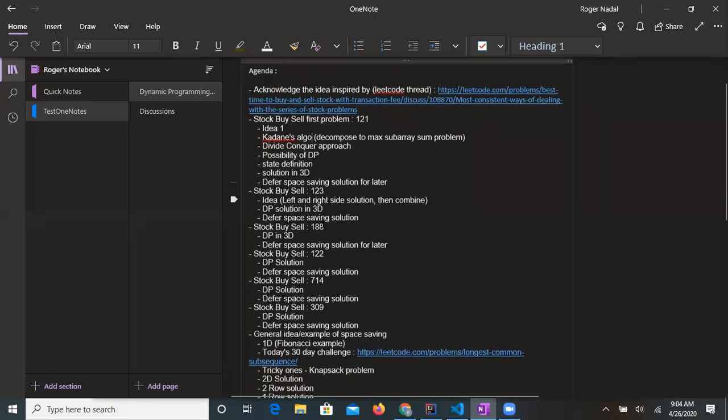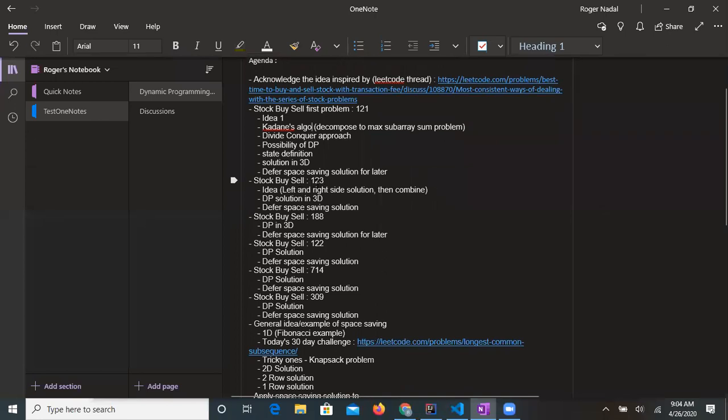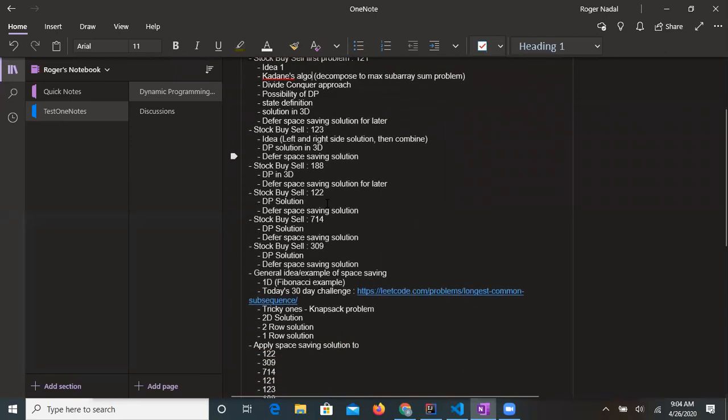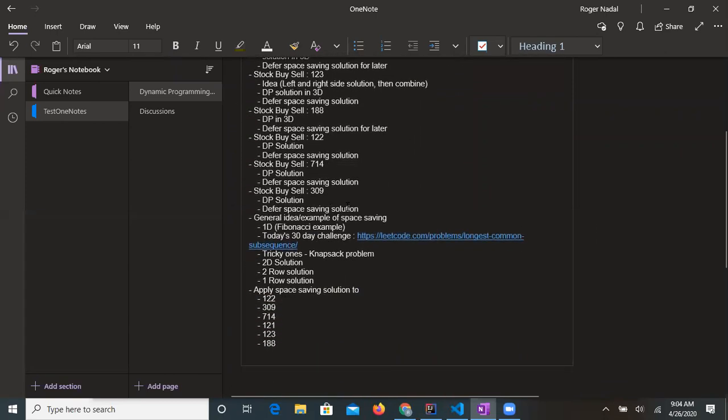Same thing we will do with buy sell problem 123. After 121, I'm going to 123, not 122. Once we go through all these problems, I will go through the general idea or example of space saving. Maybe we'll go through a Fibonacci example.